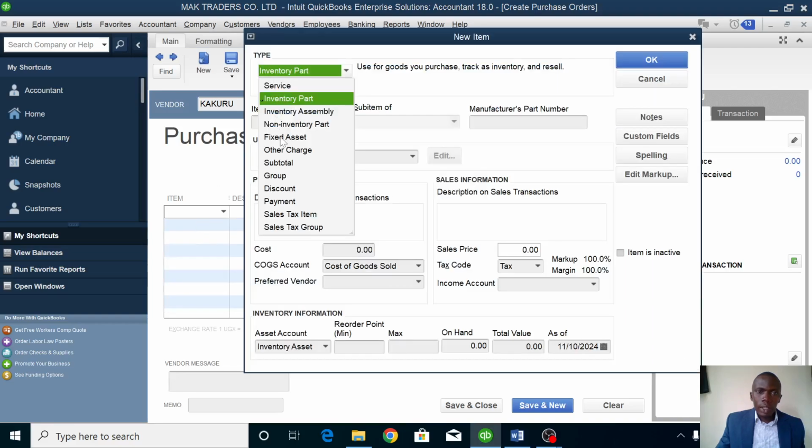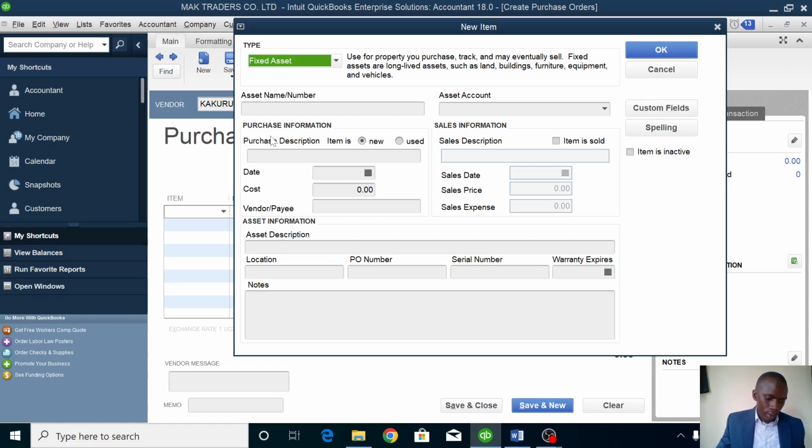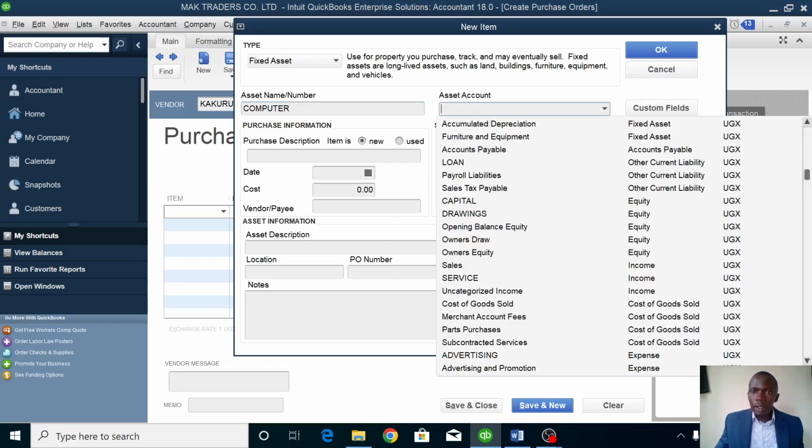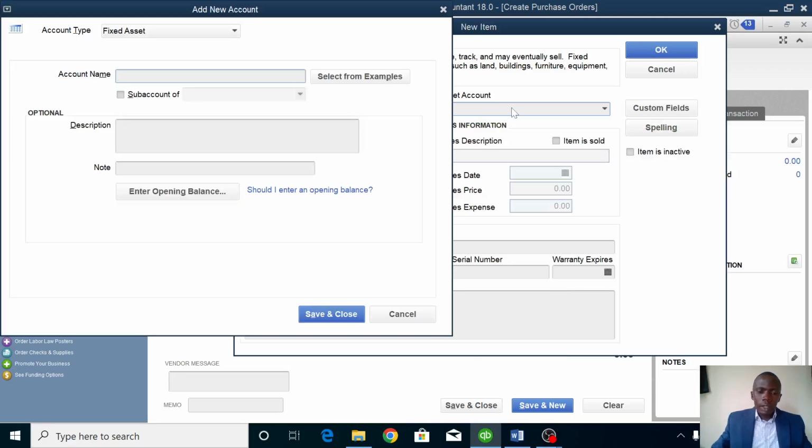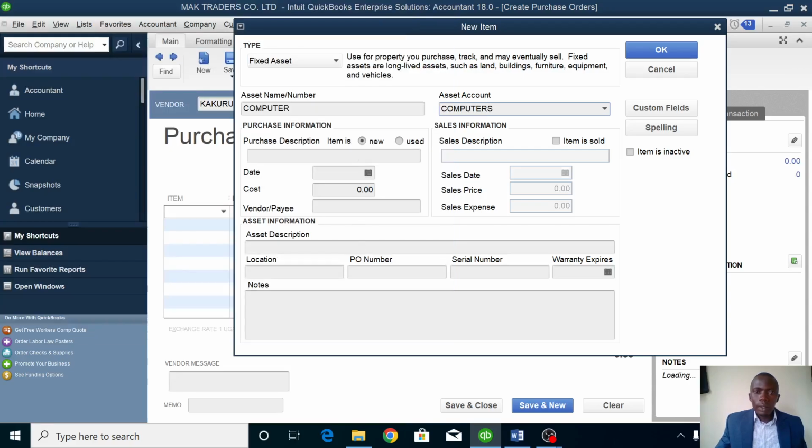So computer is under fixed assets because it was going to be used for office use. Same, we say computer. Our asset account, we also create, called computers. Say save and close.